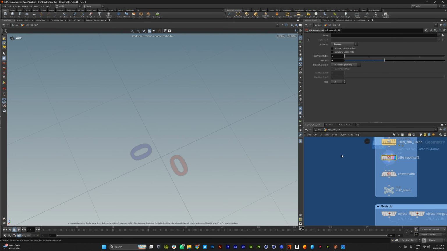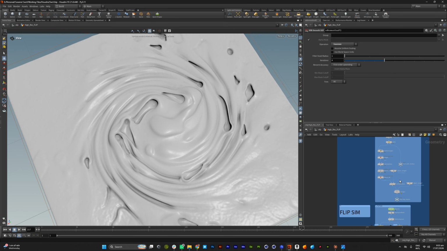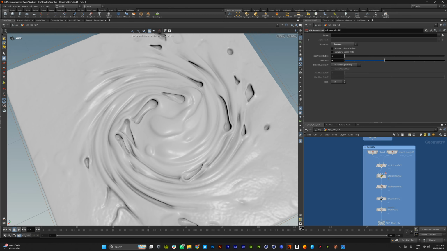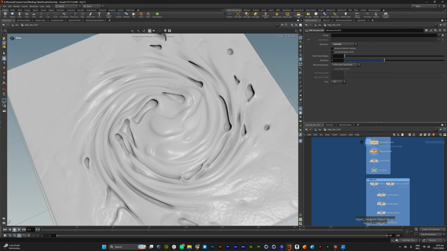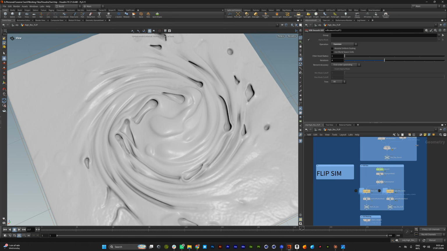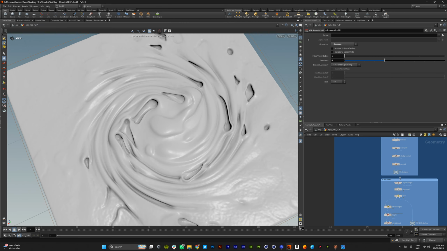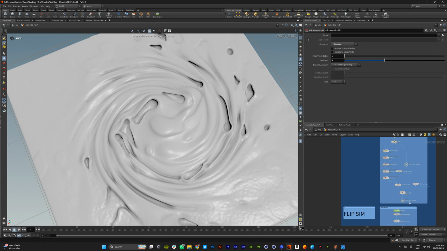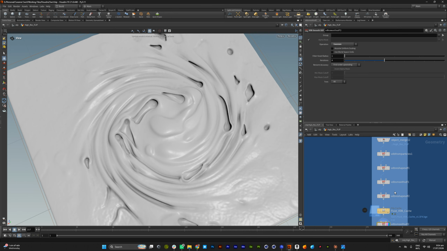Now, here's the tricky part. Here's what took me a bit of time to figure out. I was trying to UV my mesh, and what you essentially end up doing is that you have a rest attribute on your flip simulation, right? I showed you that I added a rest attribute on my flip simulation, and I also used a rest node on my source geometry.